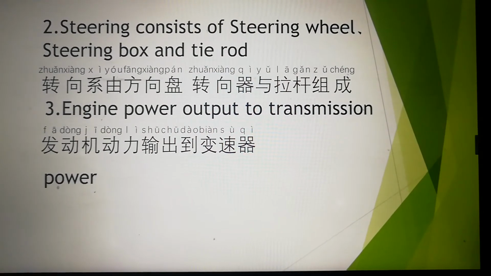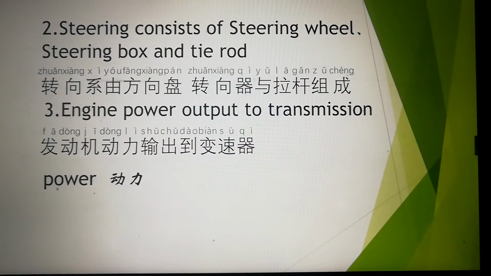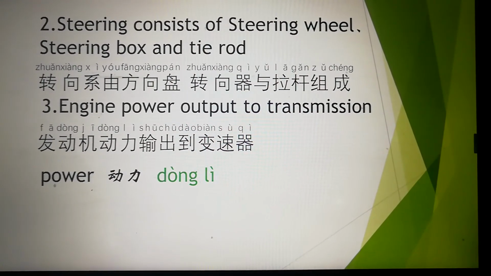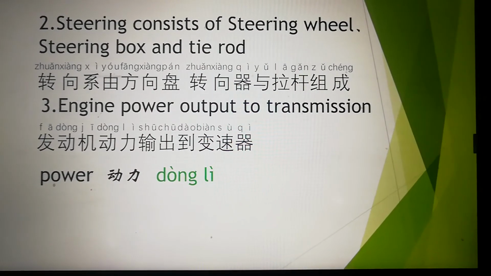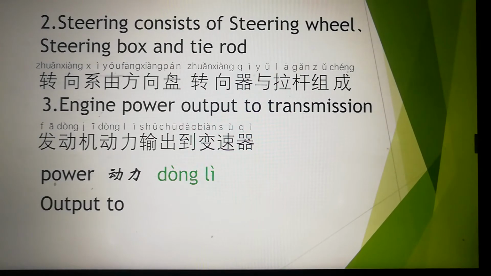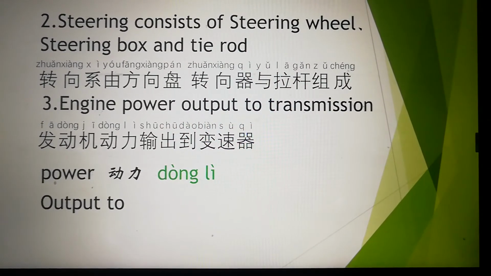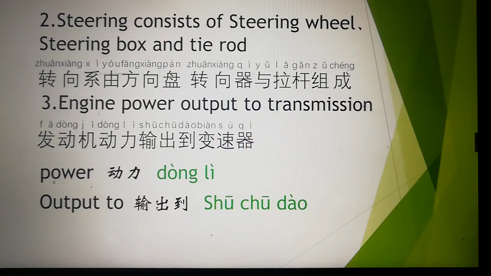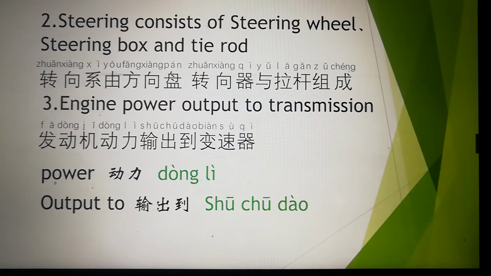Power in Chinese can be expressed as 动力. Output to in Chinese can be expressed as 输出到. Okay.